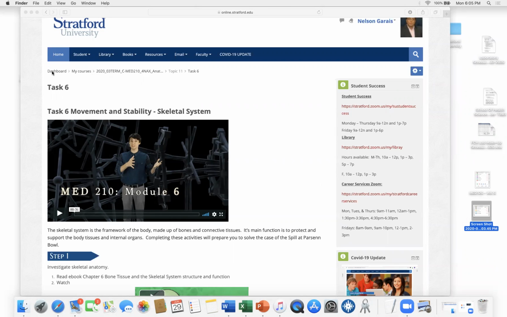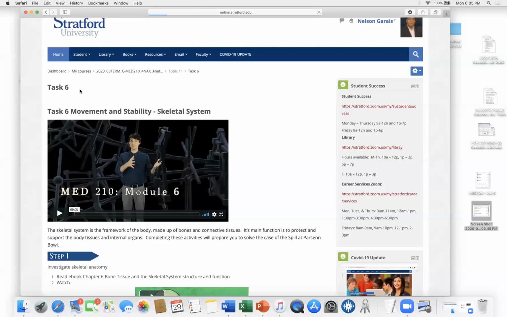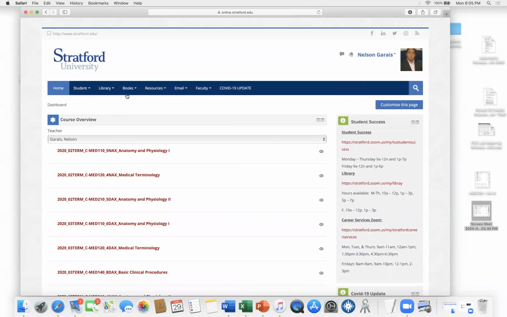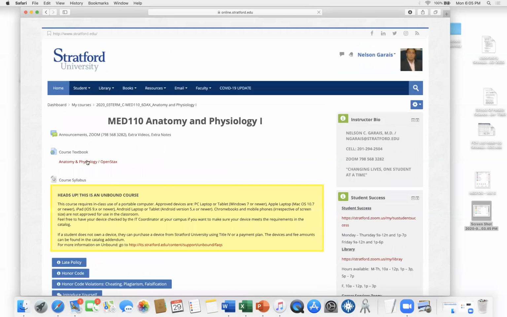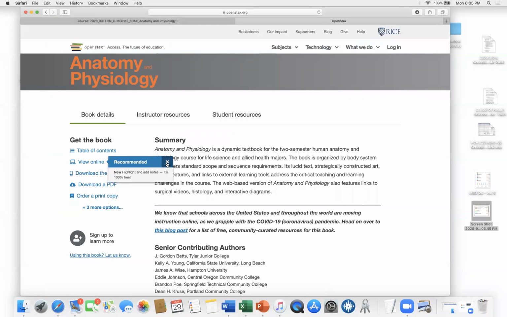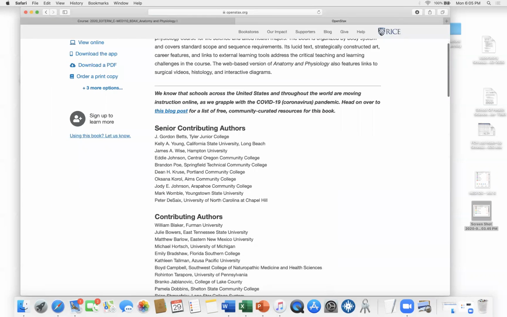The textbook is in your previous MED 110, or you could just Google OpenStax. Let me open up an MED 110, and it's this website here, openstax.org, and they have their own anatomy and physiology textbook.